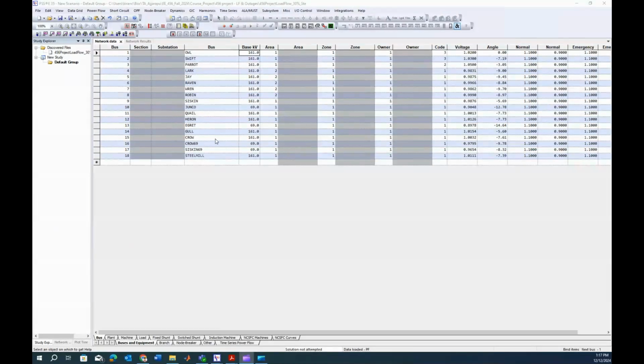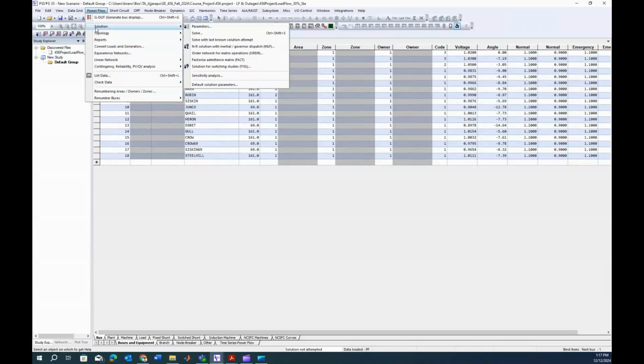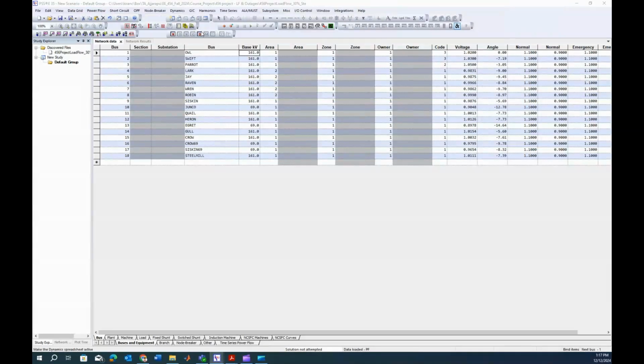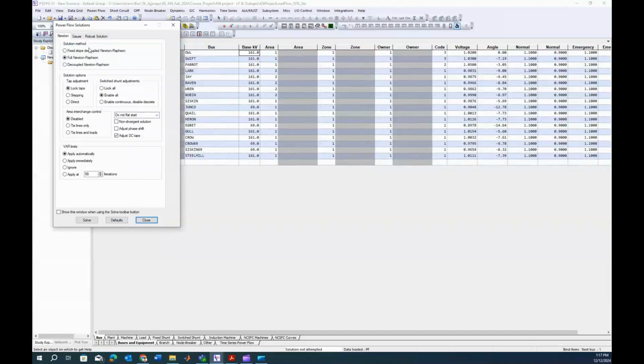So once you have entered all your data, then you can go for your power flow option and then go for a solution and ask for solving the load flow problem. And you can even keep the settings as default and then solve it. You can see that at the bottom you will get the convergence tolerance.